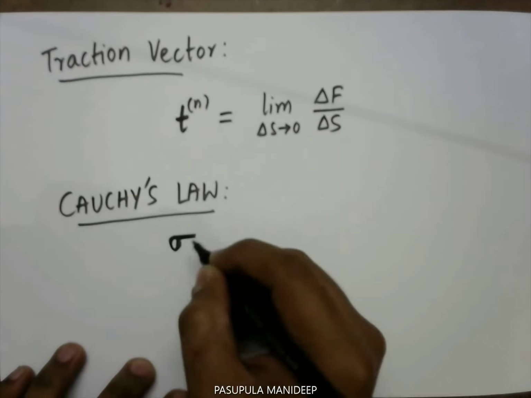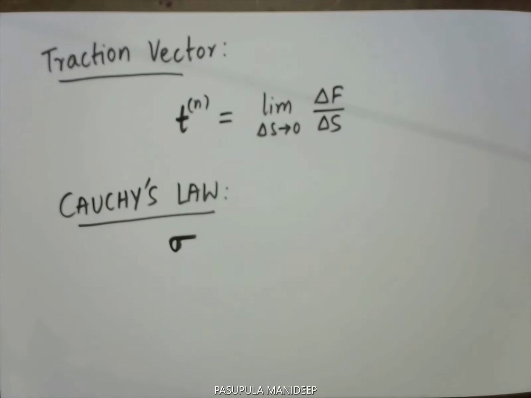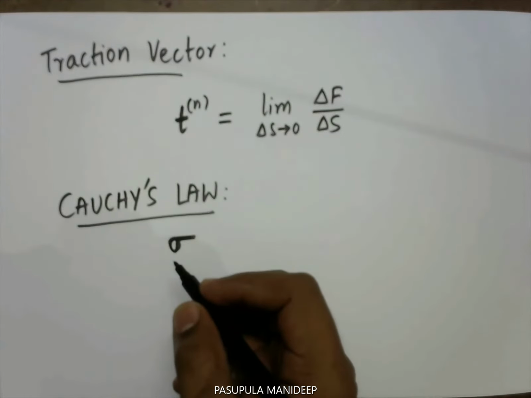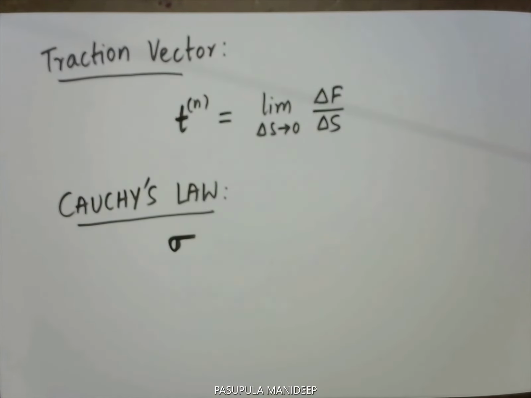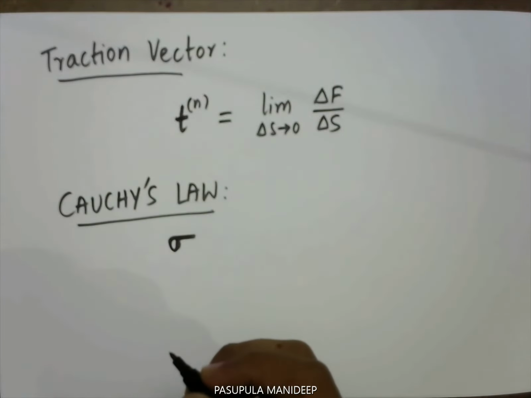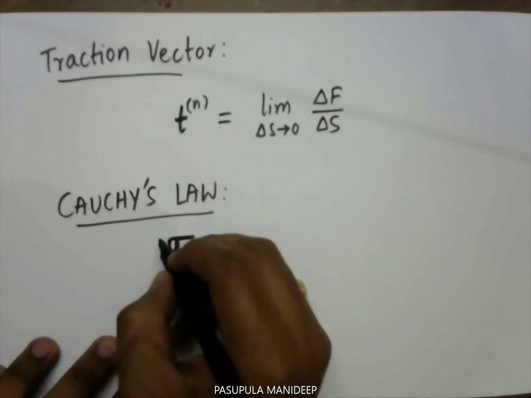This is a second order tensor which maps the normal to the surface to the traction vector acting on the surface.